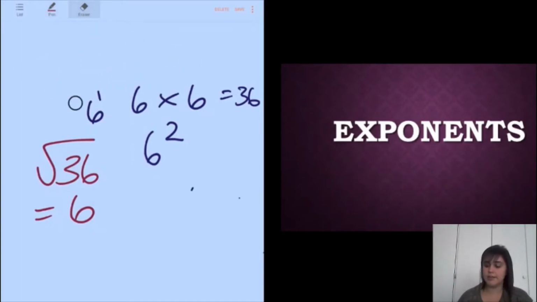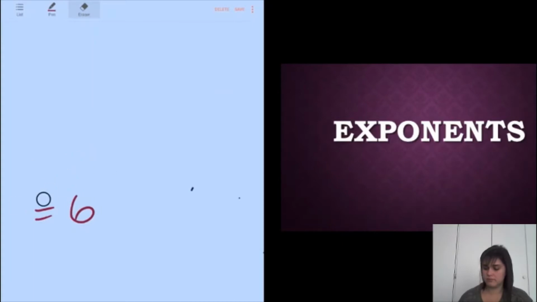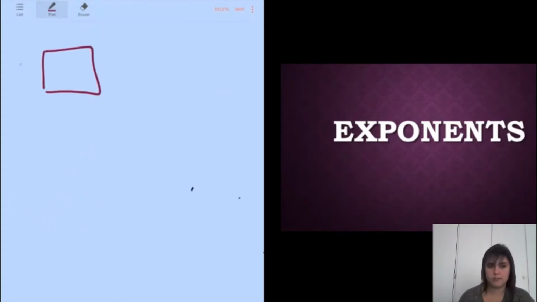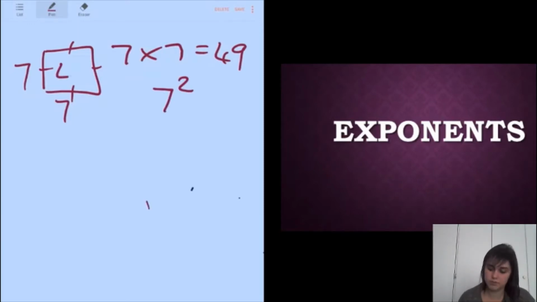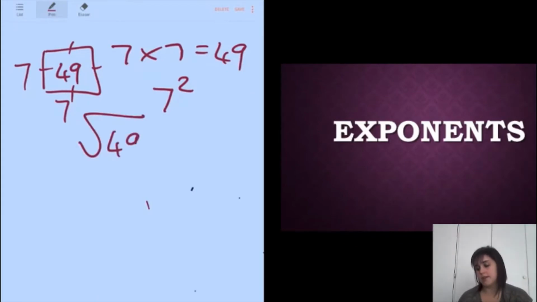Let's go look at another one. Again, I'm going to use a square. 7 and a 7. Remember, a square, all sides are equal. How do I know what the inside is? I'll say 7 times 7, which is equal to 49. And this is also the same as 7 squared, the 49. So the square root of 49 will be 7.